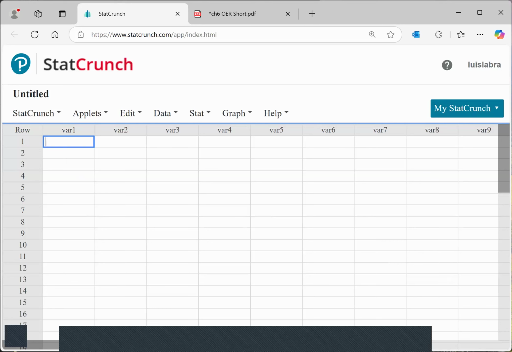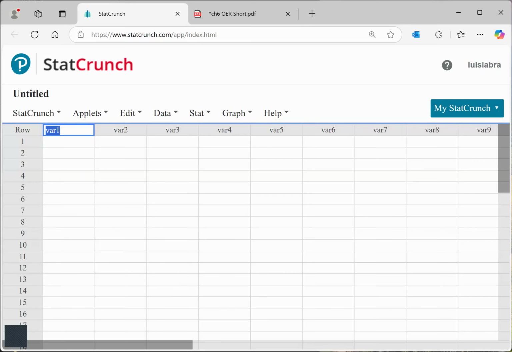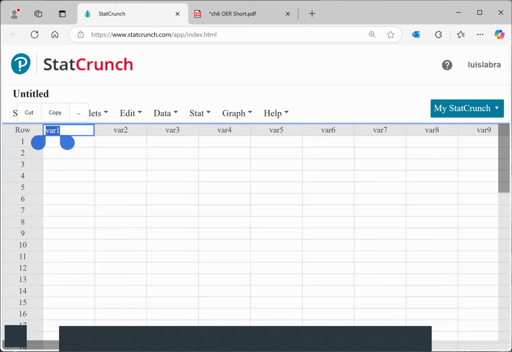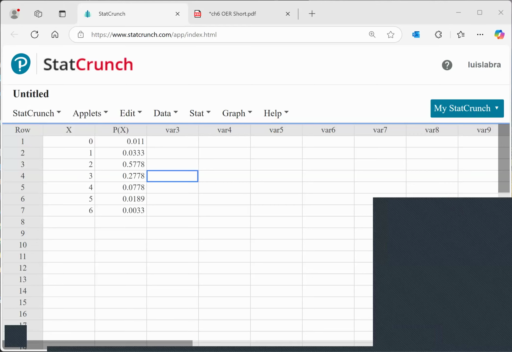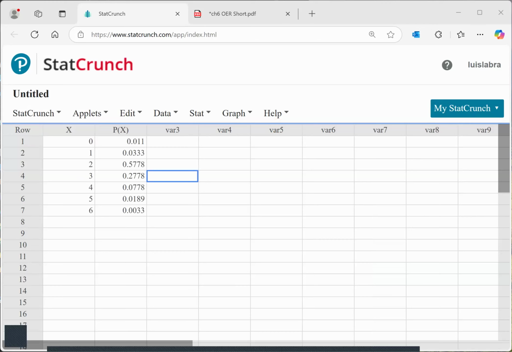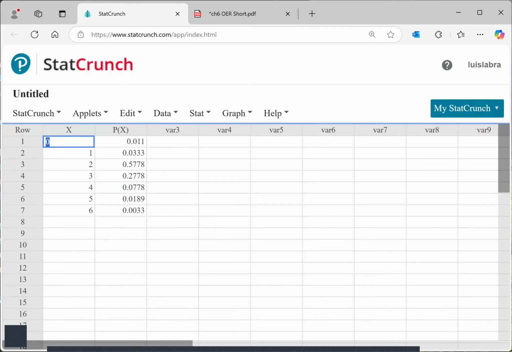So at the very top, we're going to call that X. And at the next part, we're going to call that P of X. All right, and through the magic of editing, I've already input the table. So you can see that we have X on the left-hand side and the probability on the right-hand side.